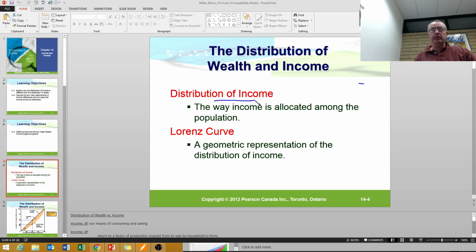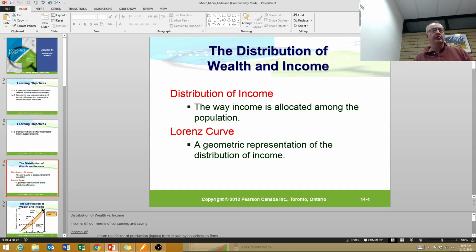So when we speak about the income distribution in society, we mean the cumulative distribution of income across the population, starting from lowest income families to highest income families. And kind of a handy way of looking at how income is distributed in society is through this so-called Lorenz curve, which is a graphical representation of income distribution.